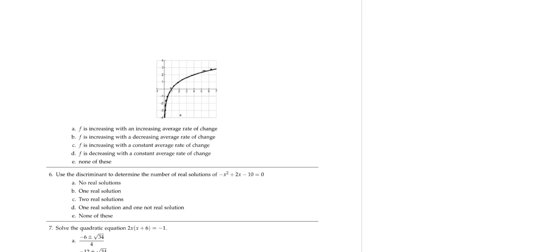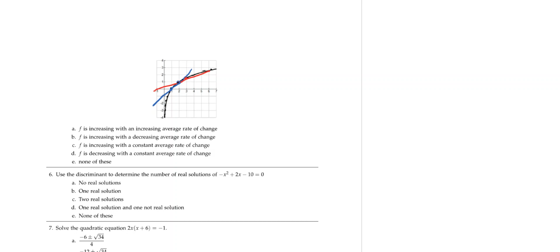But what about the average rate of change? What is the average rate of change doing? Well, remember that the average rate of change is the slope between two numbers. So the average rate of change between 1 and 2 is the slope between those two numbers. But then if you look at another average rate of change between 2 and 3, this is another slope.